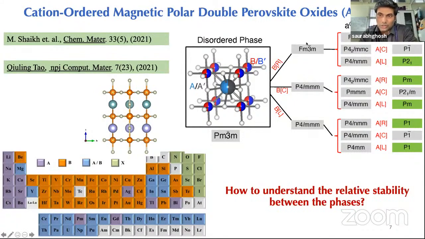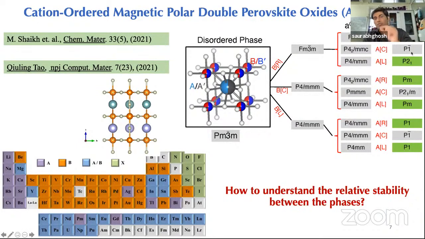Within that B site rocksalt ordering, you can also now introduce A site ordering. So you can have three possibilities again: A site layer, A site columnar, and A site rocksalt. This column basically shows where we have no distortion in the system: there is no rotation, no tilt, nothing. But if you now introduce this a-a-c+ distortion, you can see some of the boxes are green and some are not.